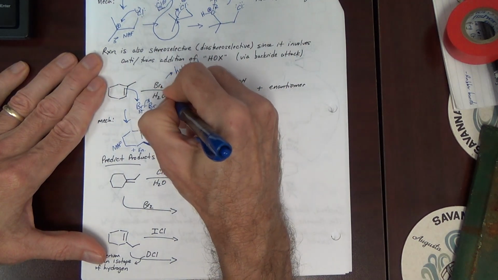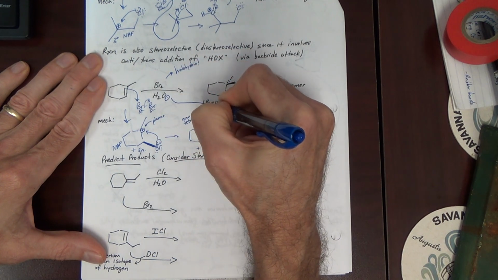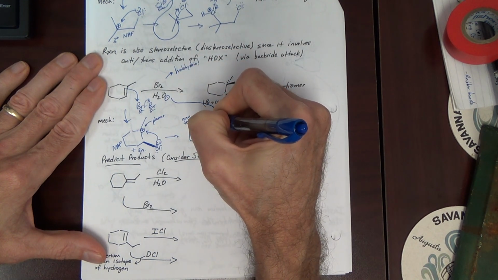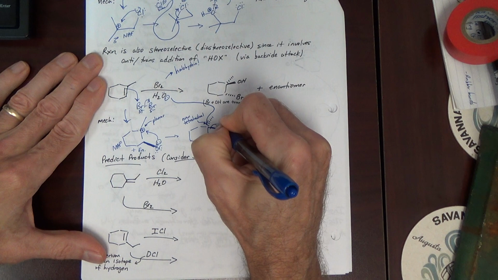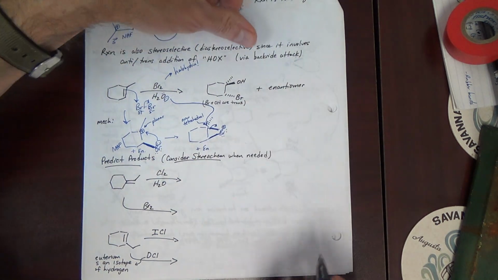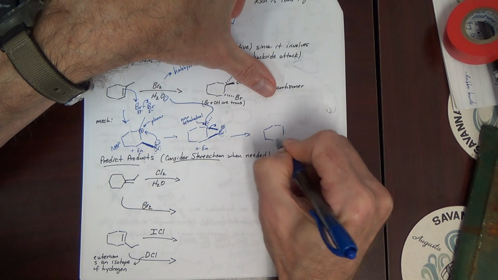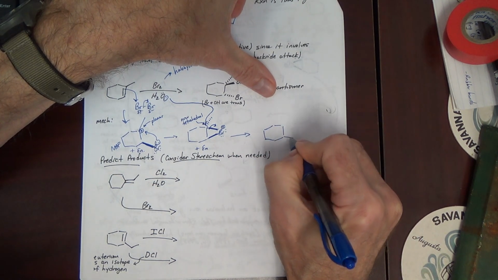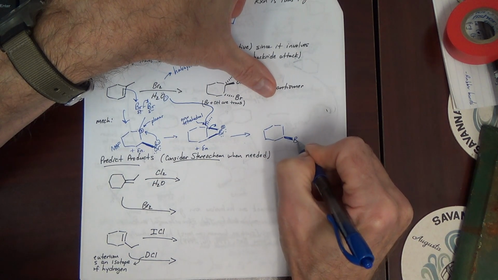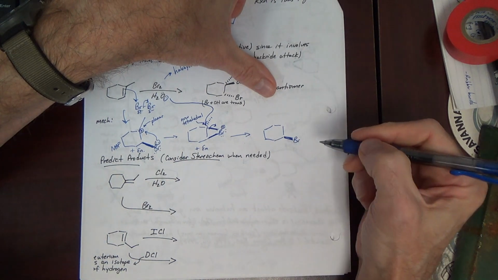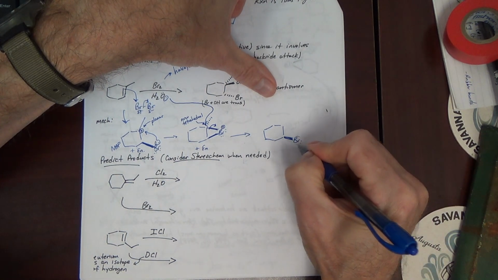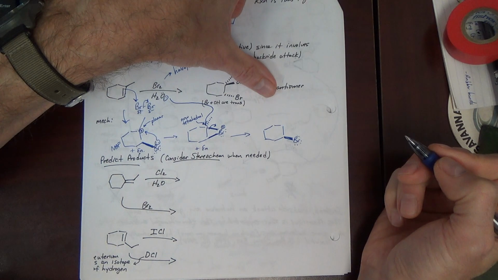Now the water comes in and attacks here, kicks that off, and that's going to give this bromine forward. Nothing happens to it, it just kicked off from the other carbon. It now has its third lone pair back and neutral.